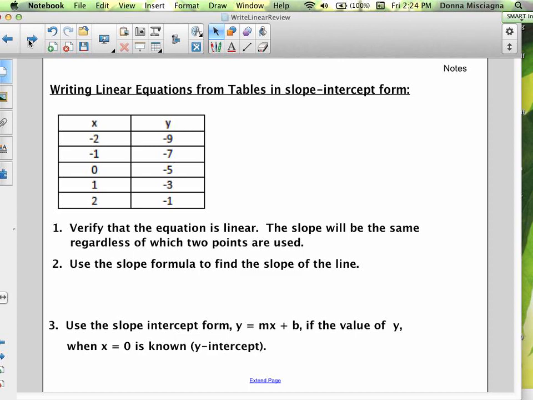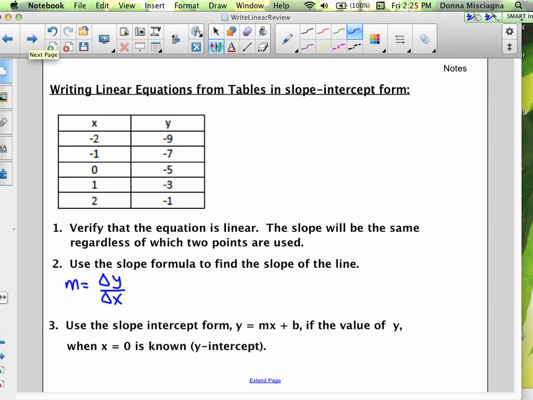So let's look at the first one. This one's in your notes, as you can see over there. Always check the x first, because if you have a constant change in x, then you can just use change in y over change in x for slope, right? If not, then you'll have to use the slope formula, if it's linear.